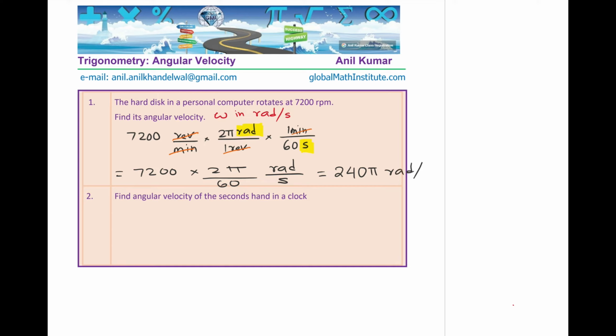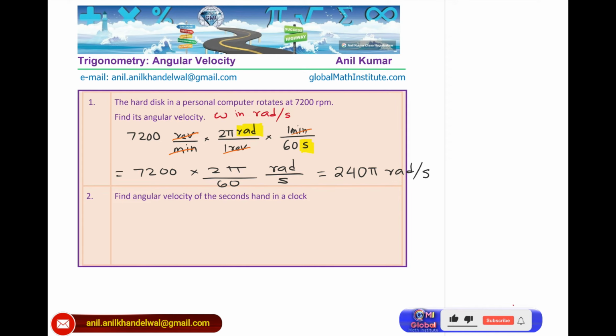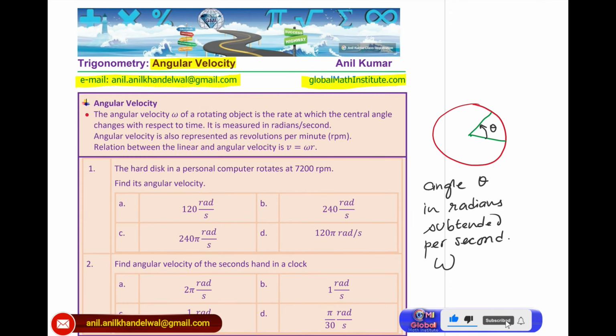Radians per second. So that is how you could actually answer this particular question. So I hope it is absolutely clear, right? So as far as choices are concerned, in part A, 240 pi radians per second, option C is the correct option.